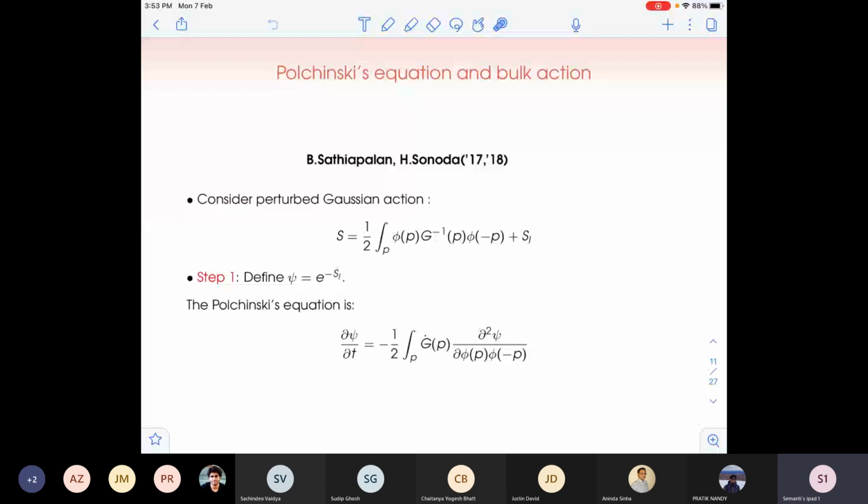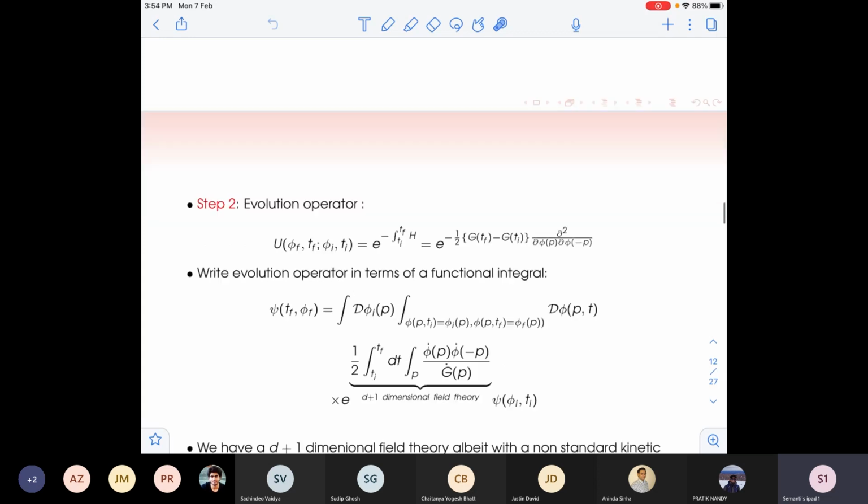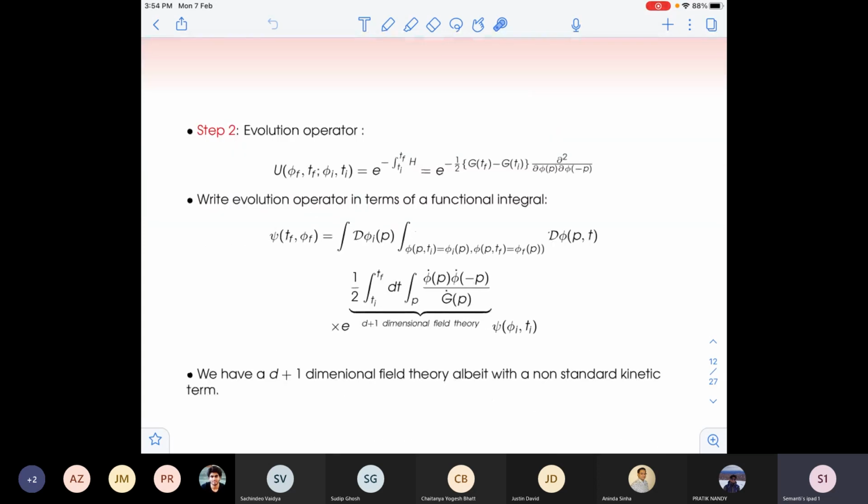Then we can find the evolution operator of this Polchinski equation, and following the usual path integral formalism, we can write psi at some finite scale t_f and some final boundary value phi_f in terms of the initial configuration.